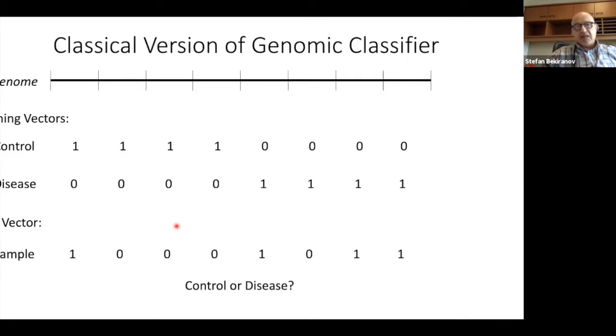All right. So first, a classical version of our classifier is as follows. We're just going to split the genome into sections, which we commonly do anyways often. And very abstractly, here I show 8 regions, and if there's some genetic mutation or alteration that we detect, I'm going to give a sample a value of 1 in that region.